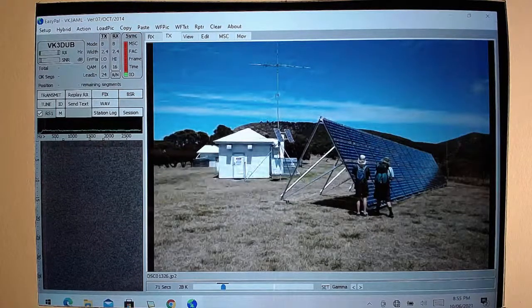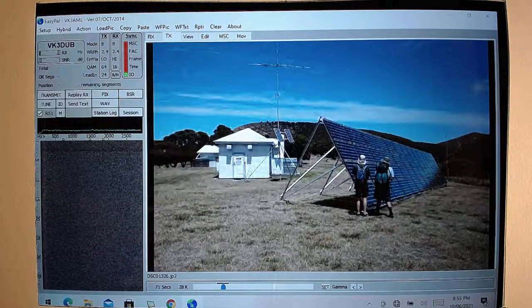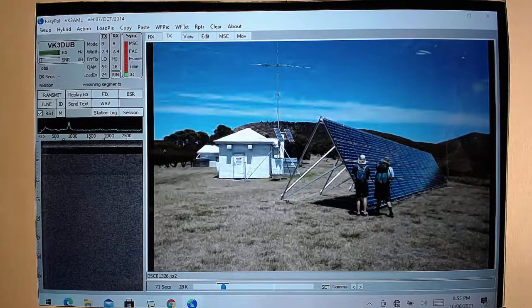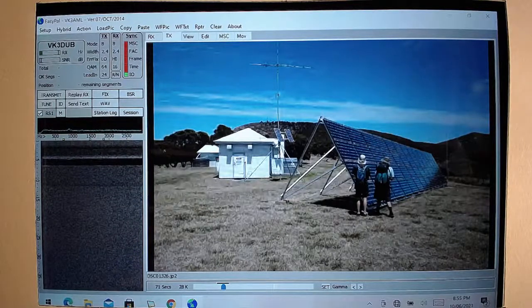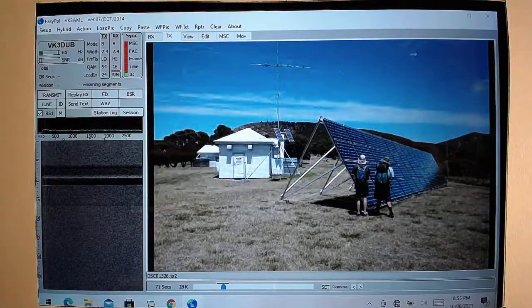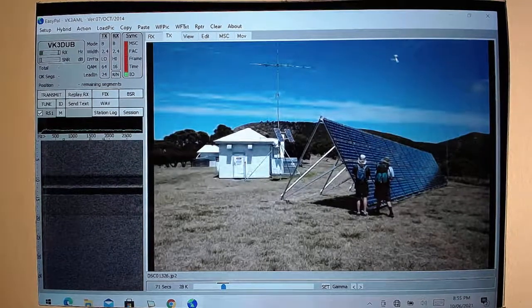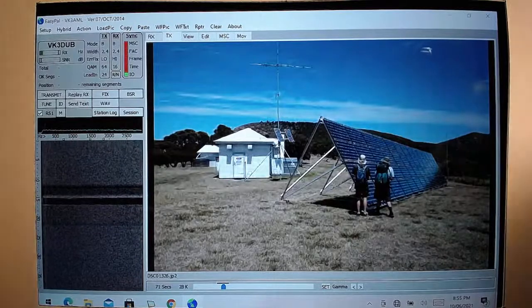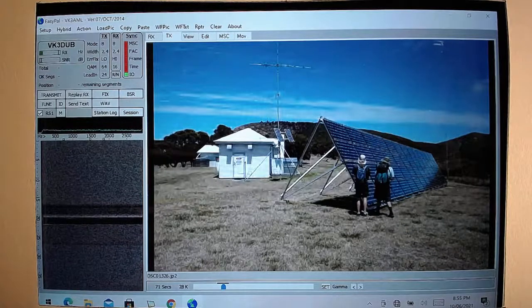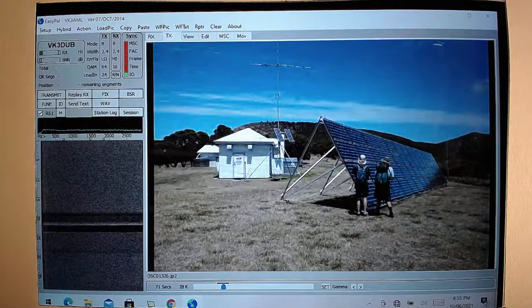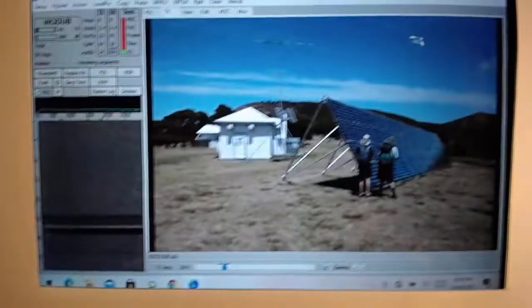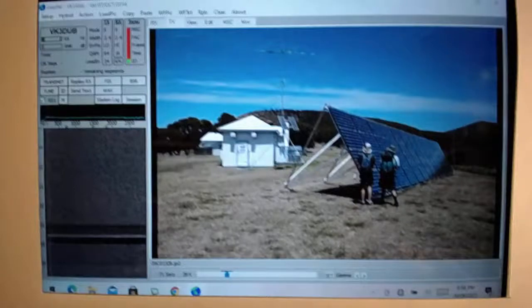Okay, I've got the stream running, seems to be running okay, VK3AML. It says YouTube is not receiving enough.